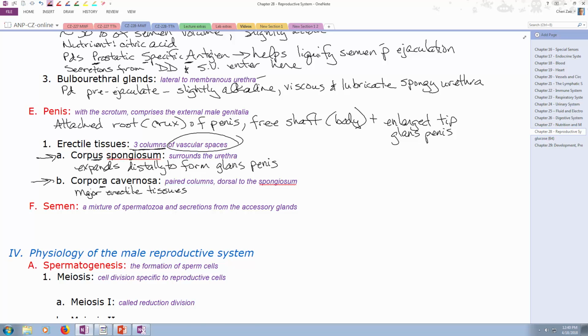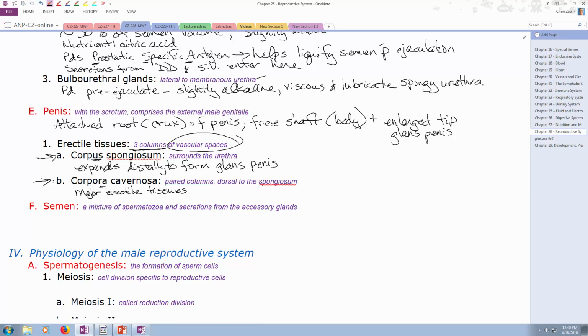So when men have erectile dysfunction, ED, what do you know about the ability to keep blood from leaving the penis? That's the problem. They're not having enough vascular fill or engorgement to weigh down and close off the venous outflow. That's how an erection occurs.